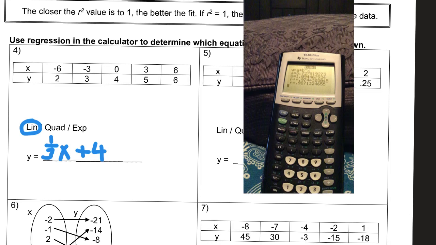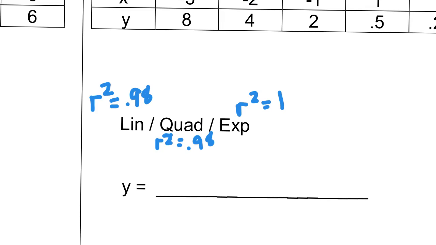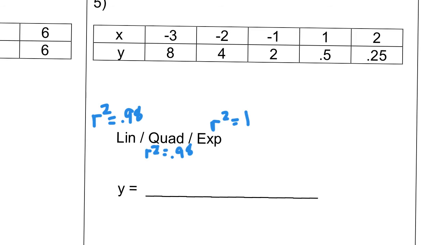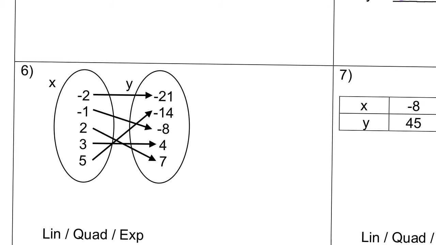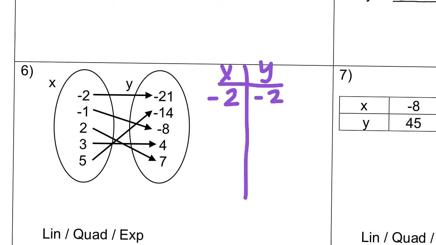Please try number 5 on your own. After entering the data, you should have found that the exponential function had a coefficient of determination of 1. So that means our equation would be y equals 1/2 to the x power. Please look at number 6. On number 6, they gave you a mapping. So you may have to write a table for yourself if you have trouble reading these. So with the x value of -2, the y value would be -21.